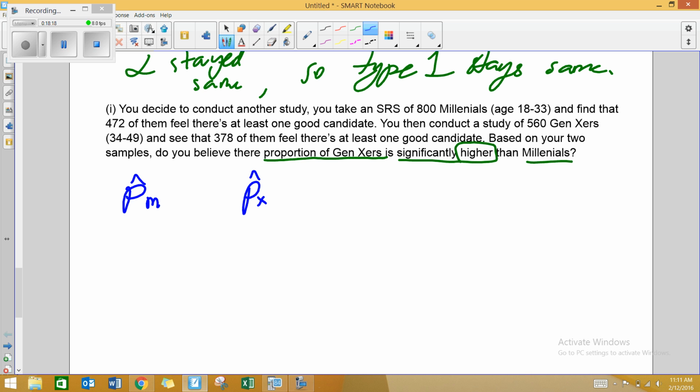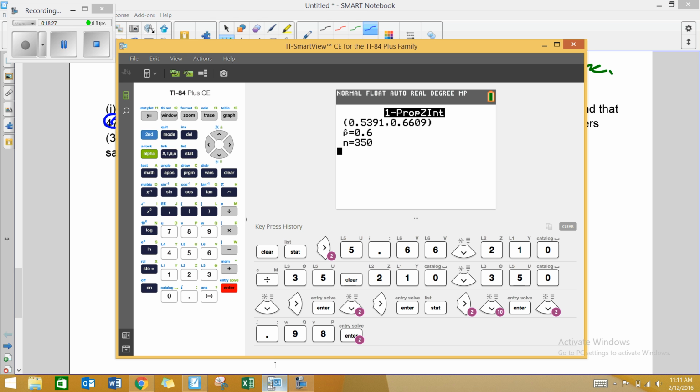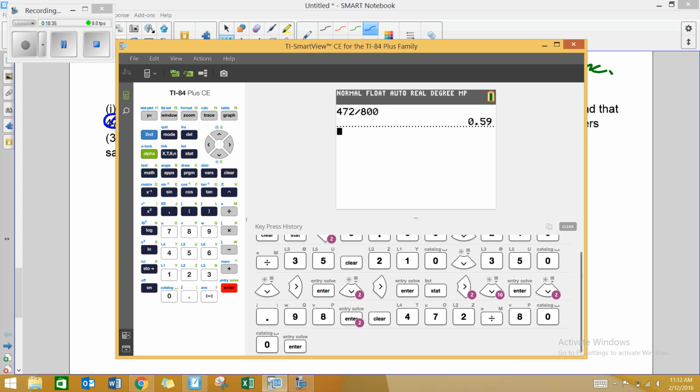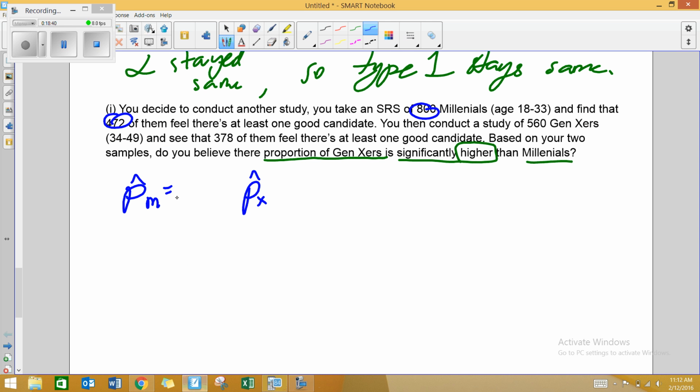So we have sample proportions for each of these. P sub M is 472 out of 800. 472 divided by 800. So the sample proportion for millennials that think there's at least one good candidate is 0.59.